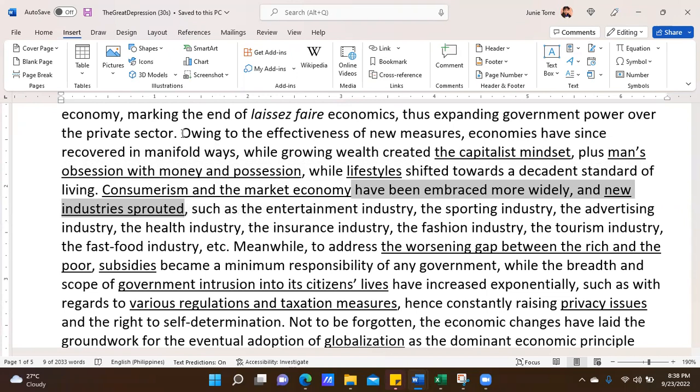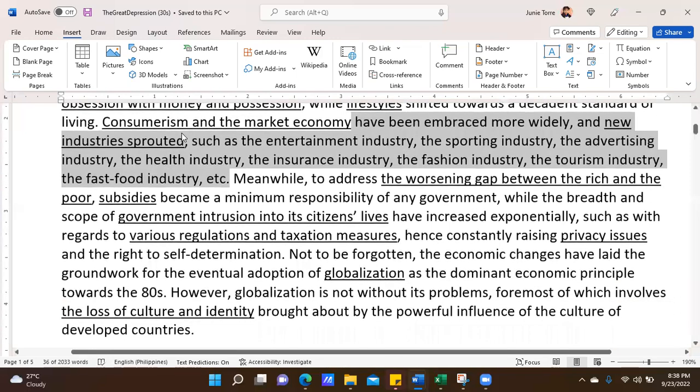So hindi na lang tayo relegated to manufacturing. No? We have the entertainment industry, the sporting industry, the advertising industry, the health industry, the insurance industry, the fashion industry, the tourism industry, the fast food industry, etc. Wala na. Farming is dead. So all of that, they belong to the services sector. Okay. Versus the manufacturing sector.